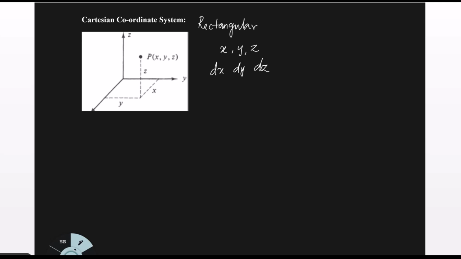So dx, dy, dz are differential lengths: dx is a differential length in the x direction, dy is a differential length in the y direction and dz is a differential length in the z direction.